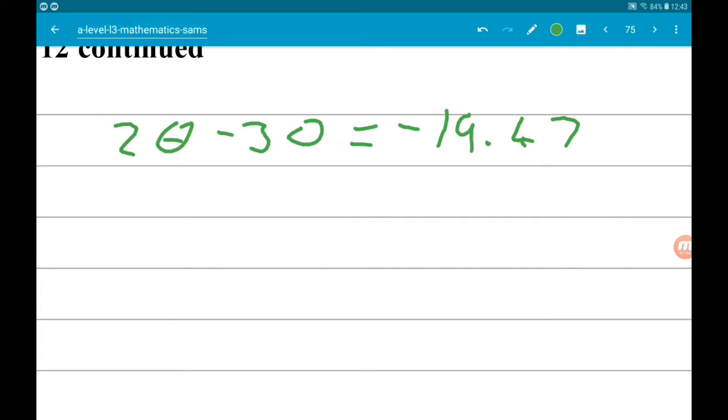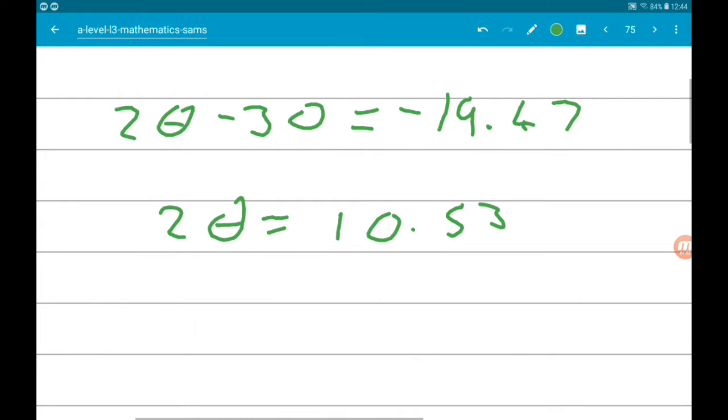So if we add 30, 2 theta is 10.53. And then if we divide by 2, theta is 5.27 degrees.